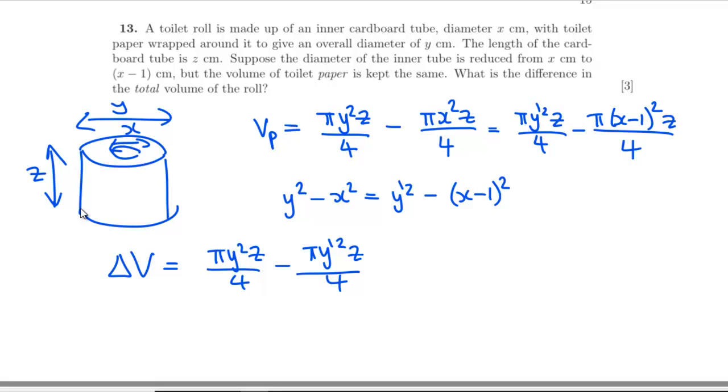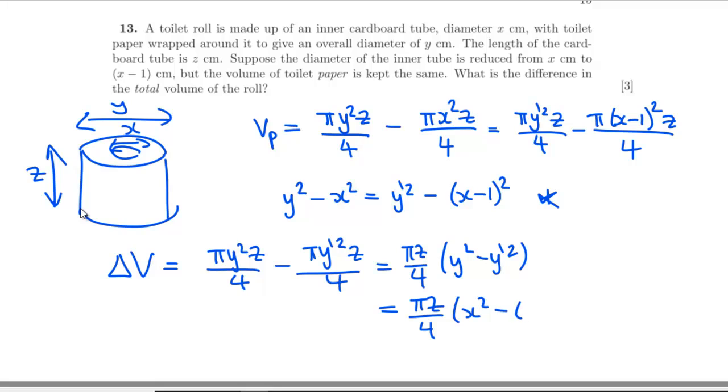Oh, well, now we can't cancel the pi's and the z's, can we? But let's factorize them and we'll see. So we need y squared minus y prime squared, but we can get that from above just by rearranging. It's going to be x squared minus x minus 1 all squared. So that's pi z over 4 times x squared minus x minus 1 squared.